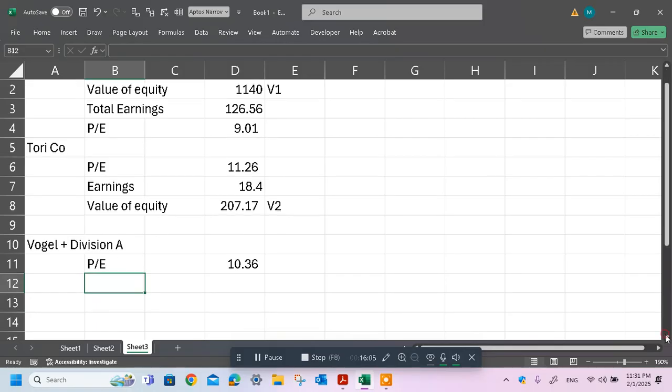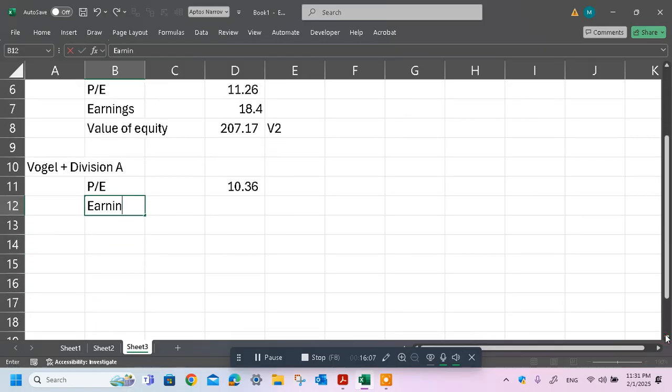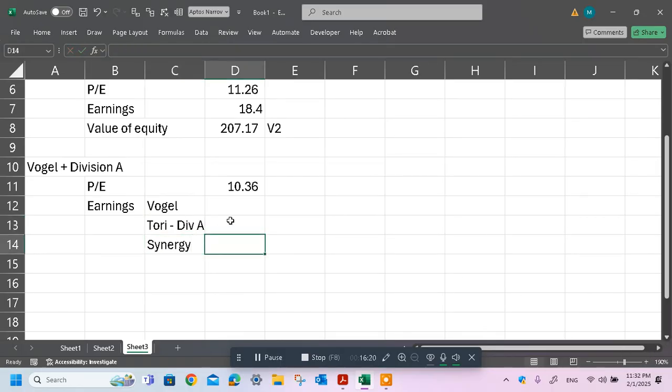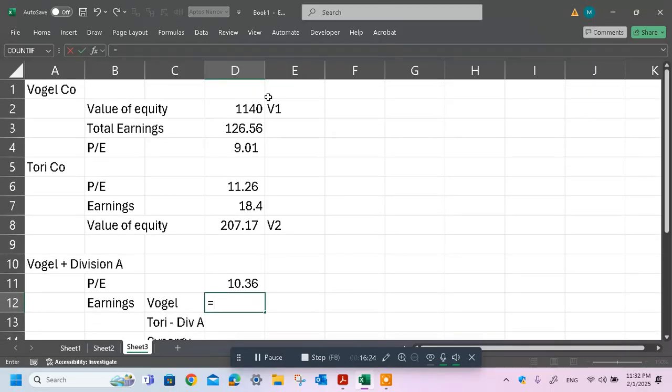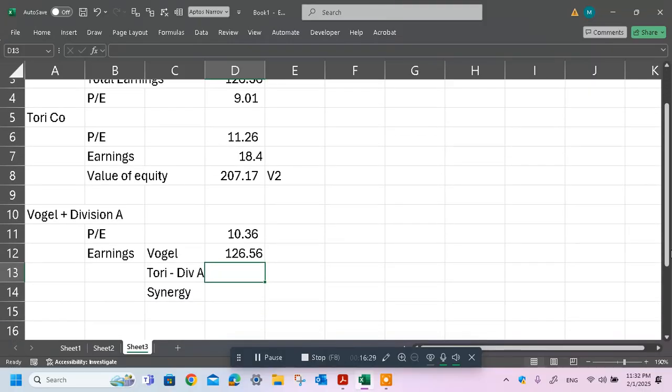Okay, earnings. Let's take one by one. Vogel, Tory division A, synergy. Let's add all of them together. Vogel's earnings, I already have it. This is Vogel's earnings. Tory's division A earning: I have Tory's total earning.